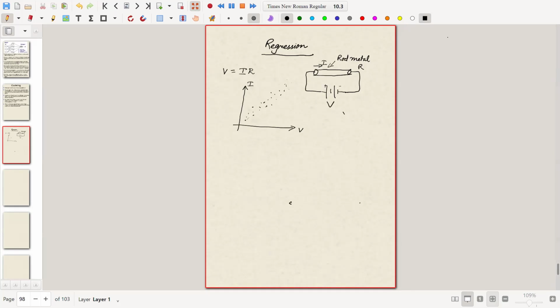So these are the data points you gathered in the experiment by using your ammeter and all these things. You have those ammeters in the physics lab where you can find the current. Something like this, but you never see a linear line.